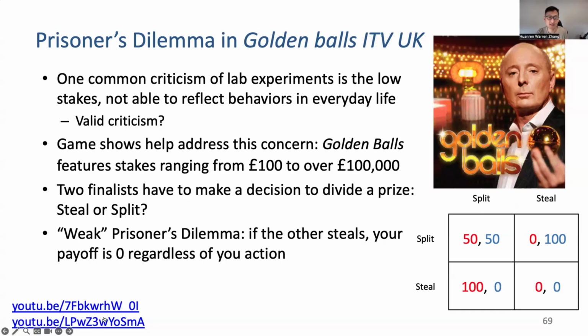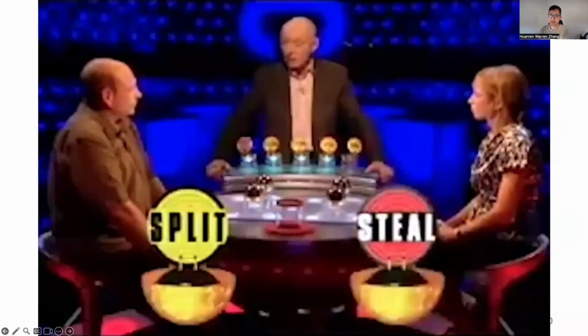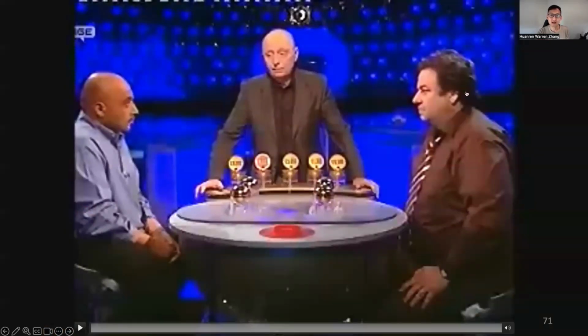You can just click these two video clips that illustrate very interesting phenomena, right? How people communicate with each other to establish trust, but betrayal can never be avoided. And then we have here this guy, I think his name is Nick, who used a very interesting strategy to trick the other to cooperate with him.